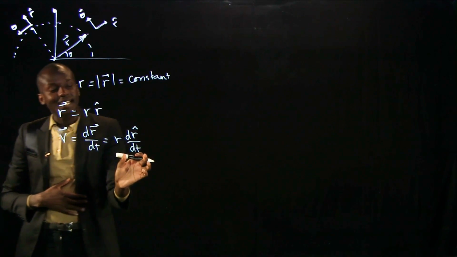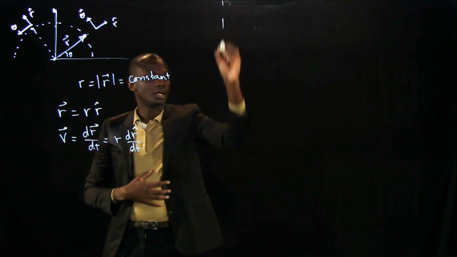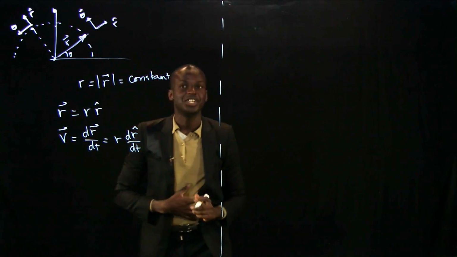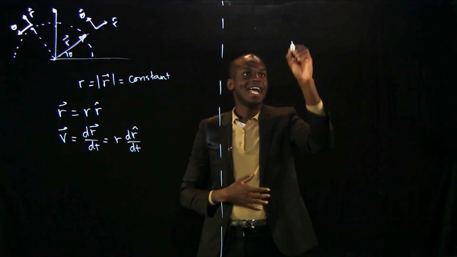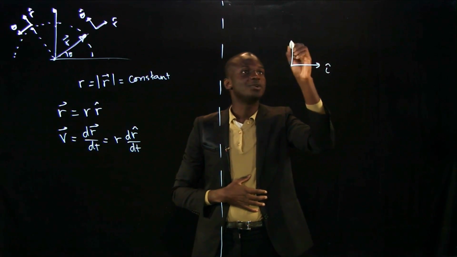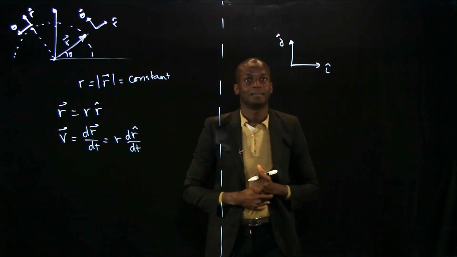So to calculate an expression for this dr hat dt, we had previously derived a relationship between the r hat and theta hat unit vectors with i hat and j hat, our unit vectors in the Cartesian coordinate system, which do not change with time.